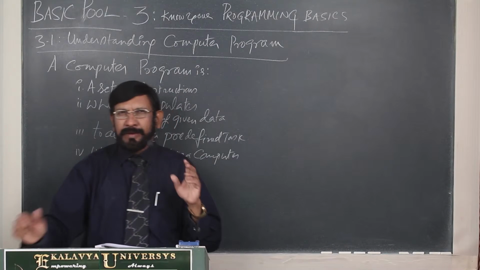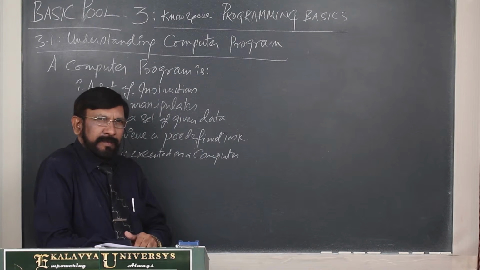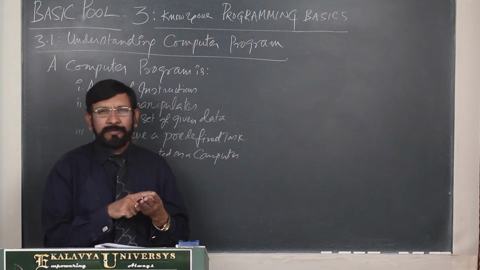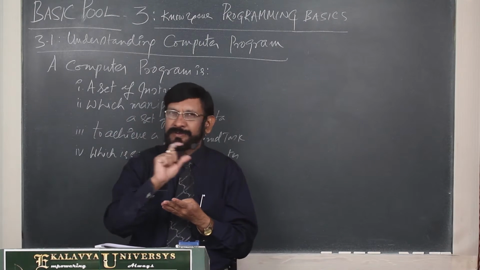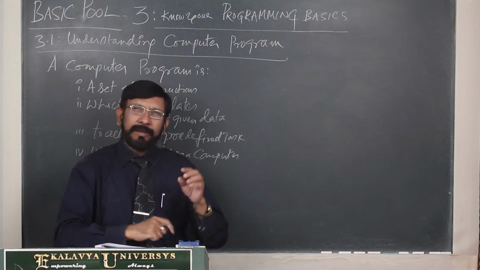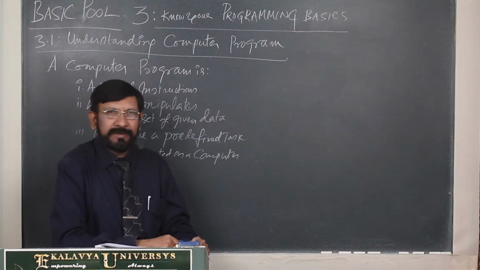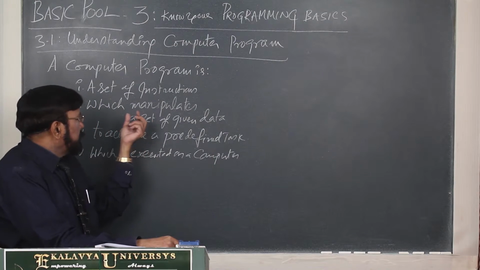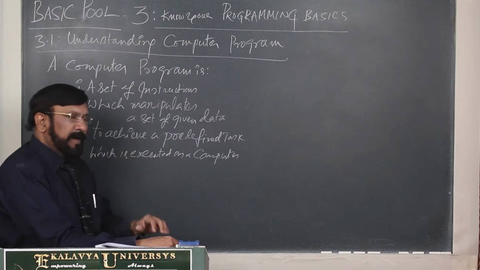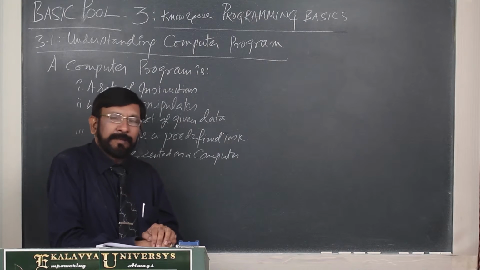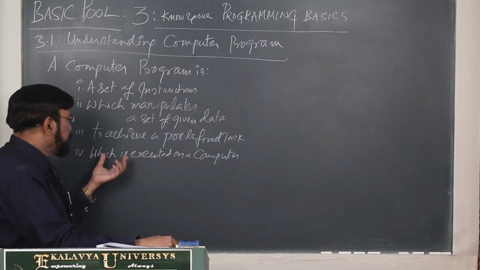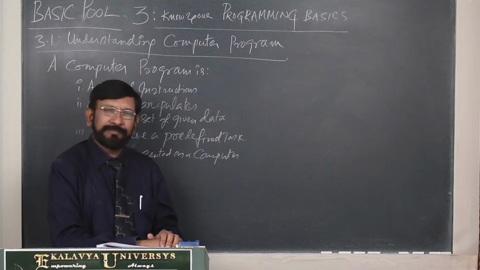Actually, in the computer program definition, there are four steps. The first one is a computer program is a set of instructions, as I explained earlier, and these instructions act upon a set of given data, to achieve a predefined task, and it is executed on a computer.